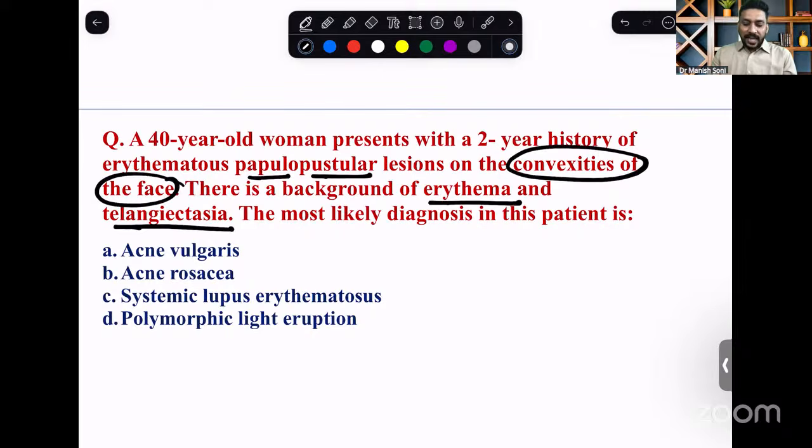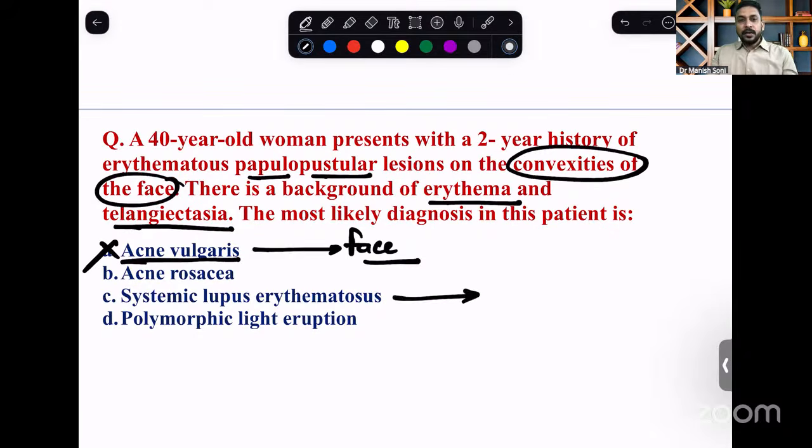So remember that acne vulgaris can occur over the face, but not necessarily the convexities of the face. So this is not the answer. SLE can develop over the face, especially where they form butterfly rashes, that is cheek and nose.